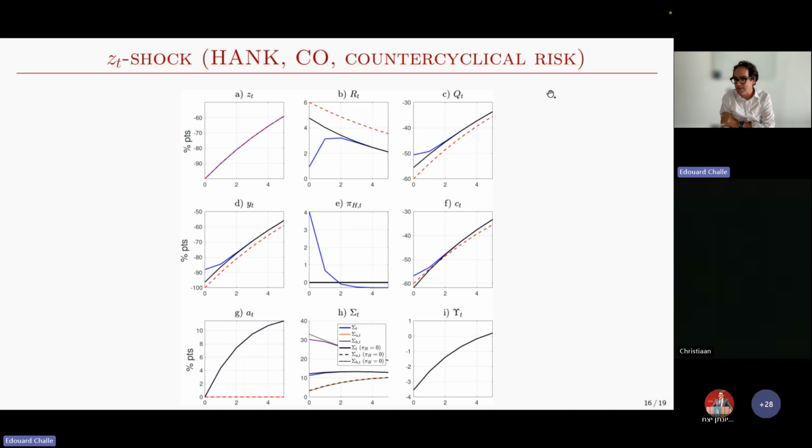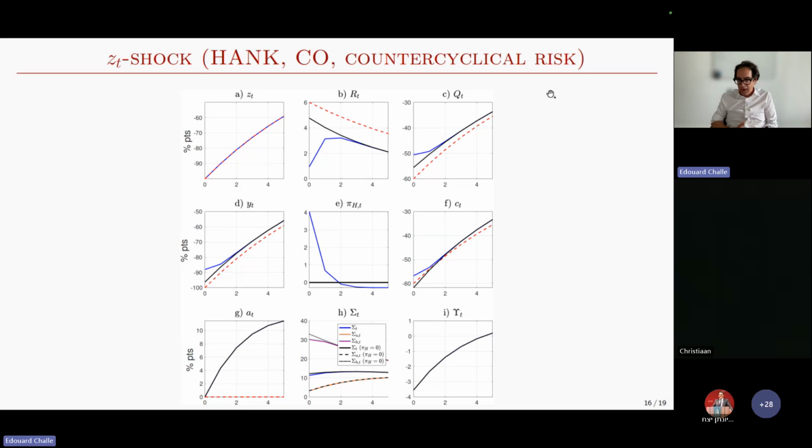Obviously, because there is no risk in RANK, it's the same as the red line before. And the blue line is the optimal policy in HANK. So what do you do now? Well, you implement less exchange rate volatility, that's panel C, and less output volatility, that's panel D, than in RANK.